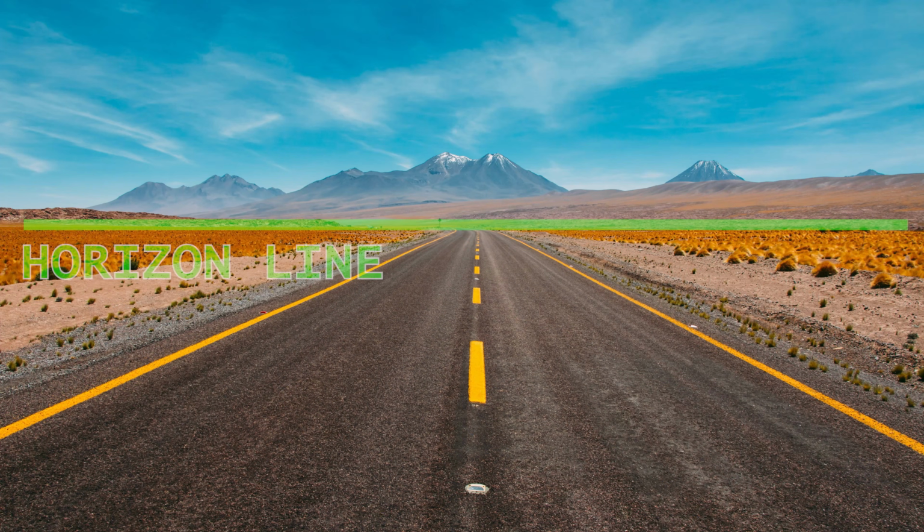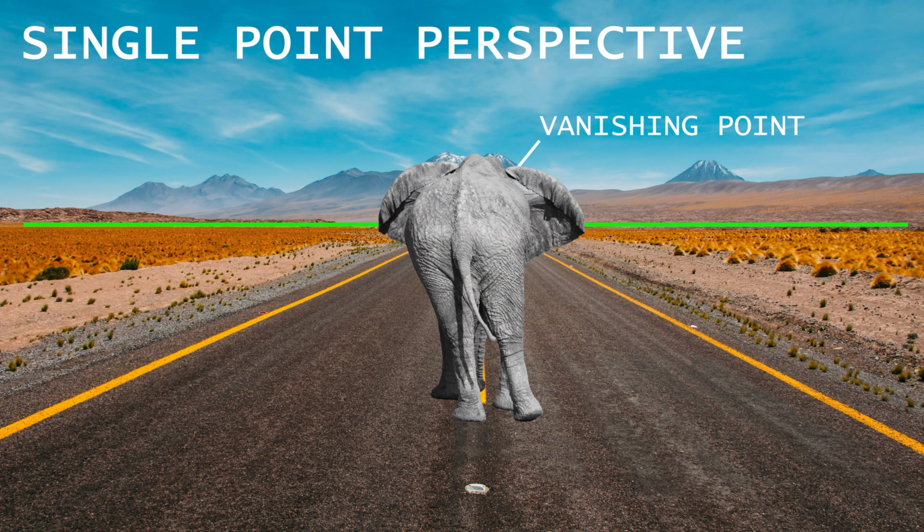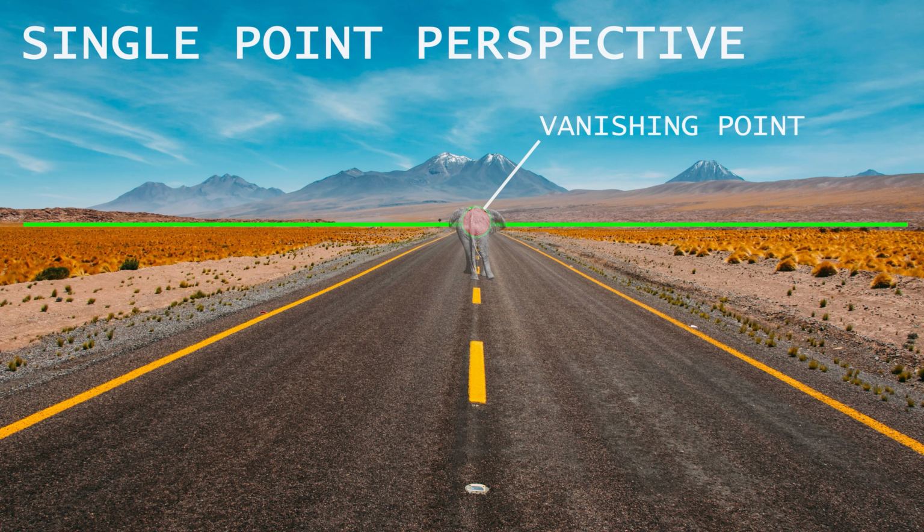Right. So I've explained that the horizon line is literally, if you are in the desert and you looked into the far distance, you would see the horizon line. And I've mentioned the vanishing point, which is where the elephant disappears. So the vanishing point will always be on the horizon line. Just remember that. Keeps it nice and simple.